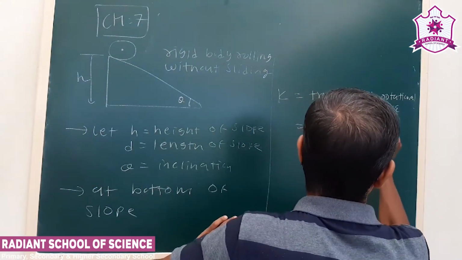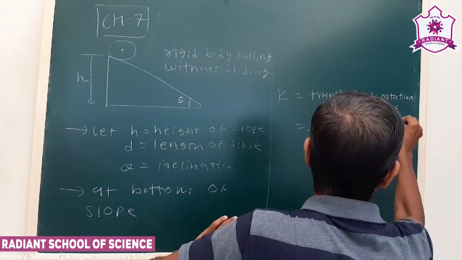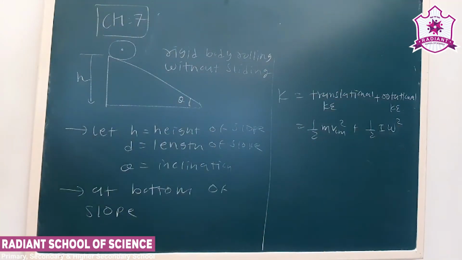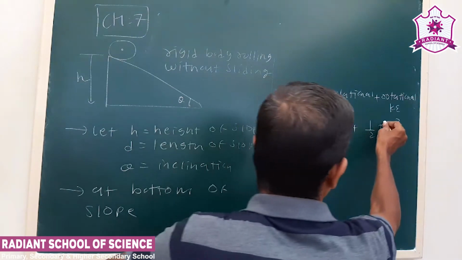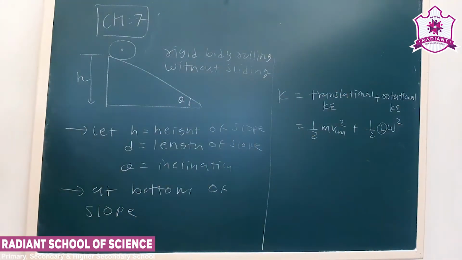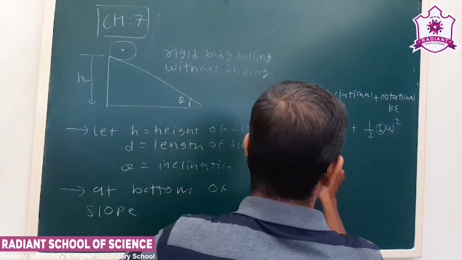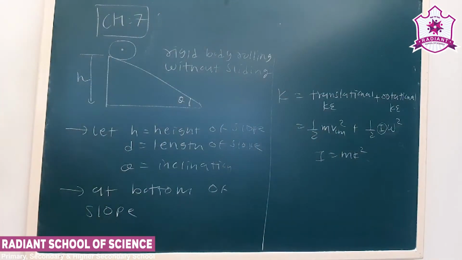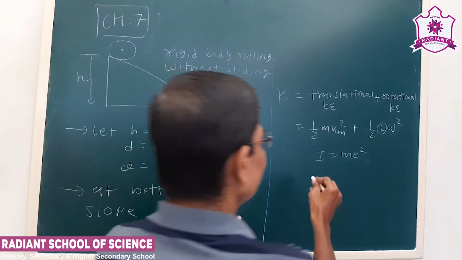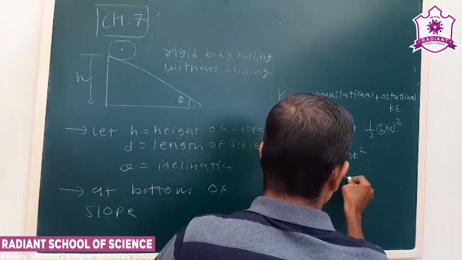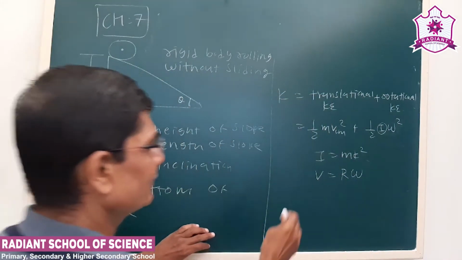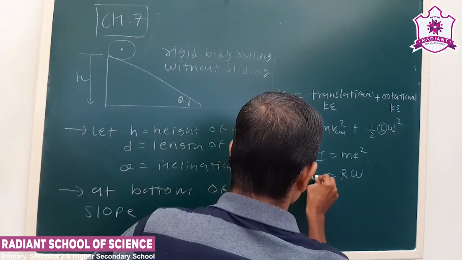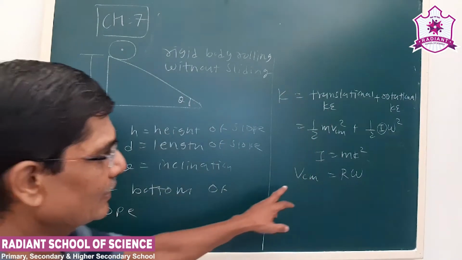And we know the rotational kinetic energy is 1 by 2 I omega square. Now see the relation of moment of inertia: moment of inertia I is equal to m k square. That is known to us. And see, v is equal to R omega. So we can write v CM is equal to R omega.